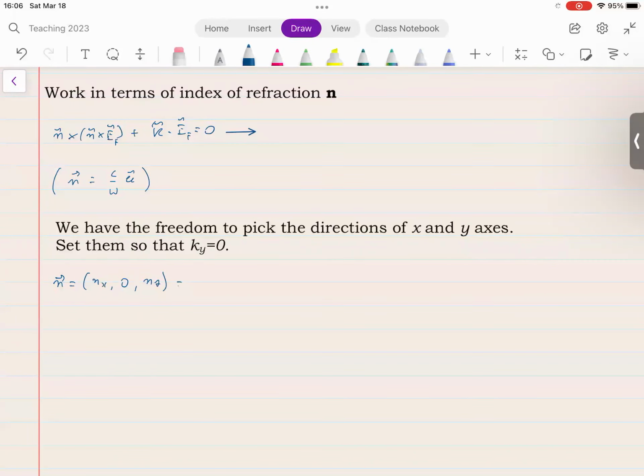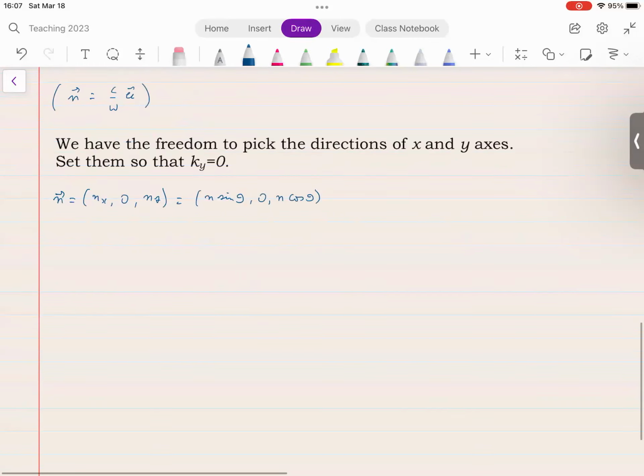Or we can define an angle, theta, which is not the poloidal angle, such that n sub x is n times sine of theta, and n sub z is n times cosine of theta. Can always do that. This is completely general. All I'm doing is picking my axis to make the problem a little less messy, but it's still going to be messy enough.